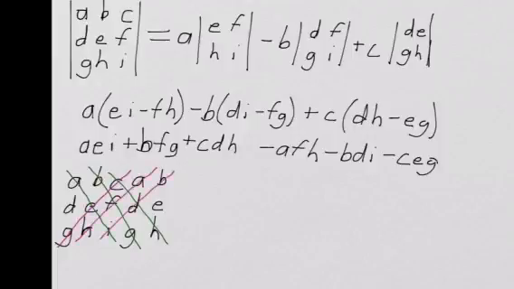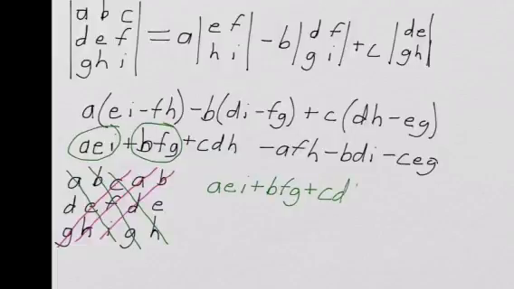You'll note the first diagonal line, which I'm going to write in green, has A, E, and I. So I multiply those together. Well, that's this term. The next diagonal line is BFG. Well, that's this term. Then the next diagonal line is CDH, which is this term.